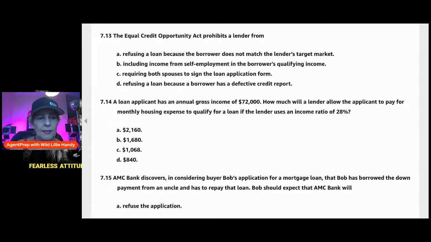No, it is not a D. The lender can refuse to provide credit because they have a bad credit report. So that is true. But which one are they prohibited to do? Okay, they can't be prejudiced, right?